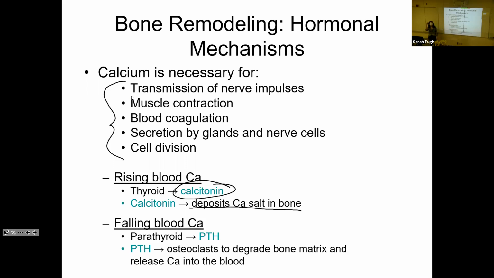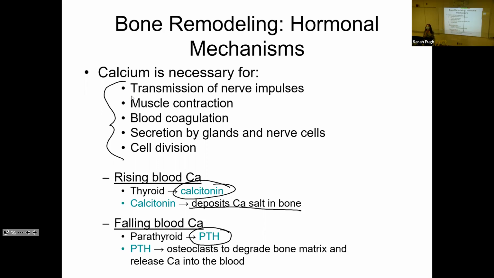If blood calcium levels drop, remember you need it for all this stuff up here. So if blood calcium levels fall, you will release a different hormone. You will release a hormone called parathyroid hormone, PTH for short. It is named for the gland that secretes it, which is the parathyroid gland. The parathyroid gland sits sort of sandwiched within the thyroid.